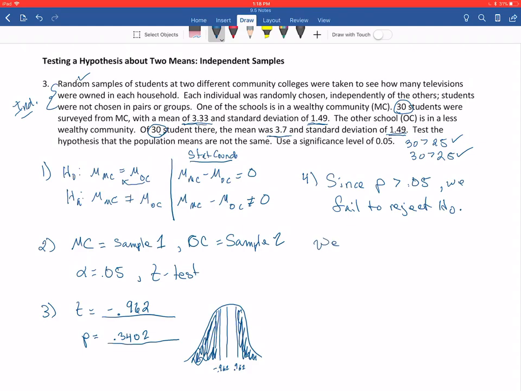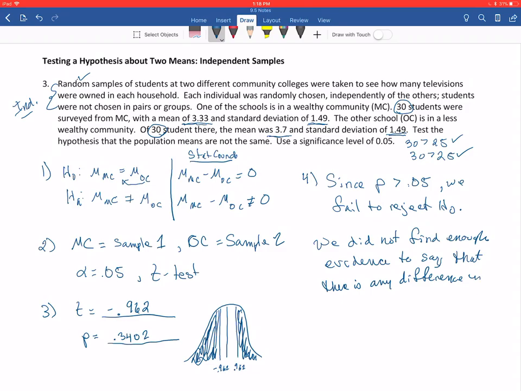So what happened is we did not find enough evidence to say that there is any sort of difference in the mean TVs per house in these communities.